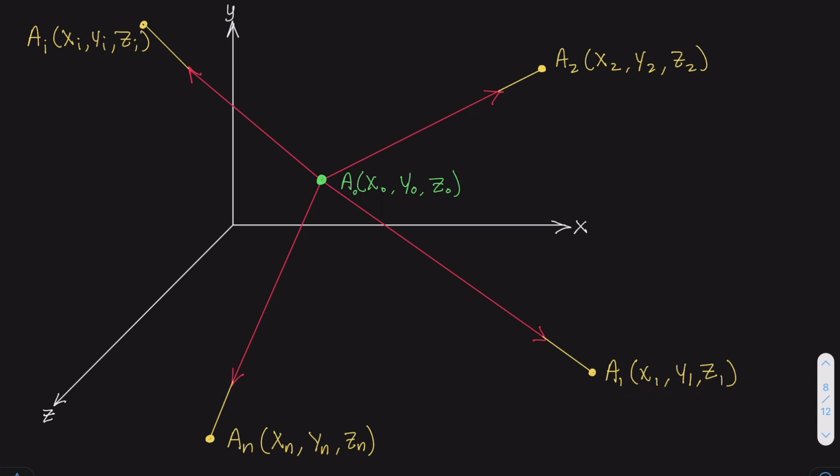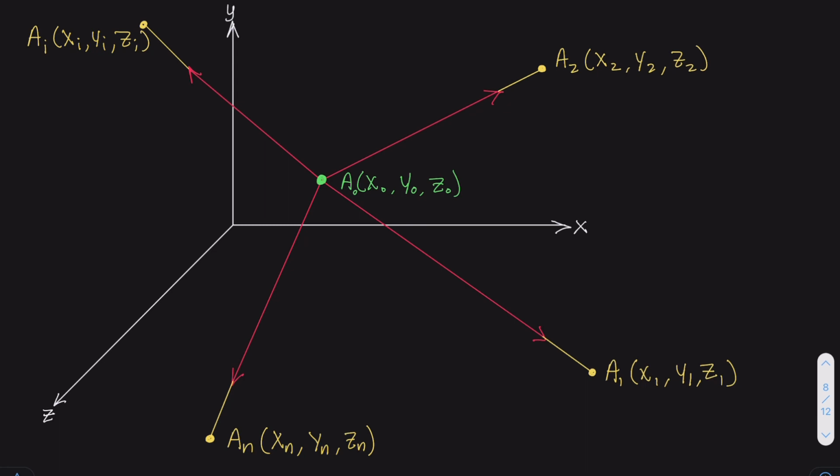We have all these different points, A1, A2, Ai, all the way up to An, and each has 3 coordinates: X, Y, and Z. The line of action for all of these forces goes through a common point, A0, which has the coordinates X0, Y0, and Z0.